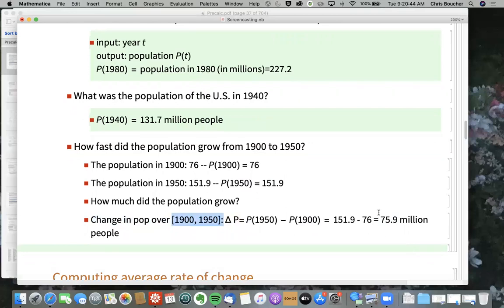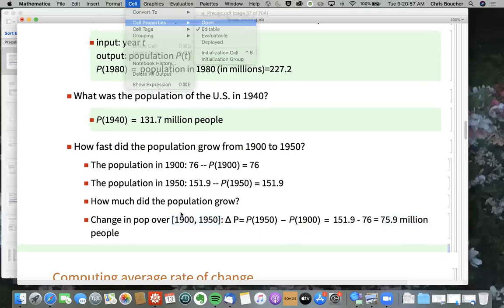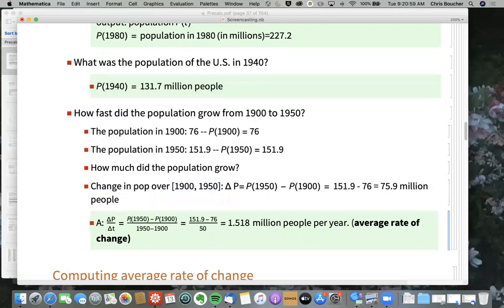All right, well, now we're getting close to being able to address this question of how fast. If the population grew by this many million people over a 50-year span, we can estimate how fast it grew by just dividing, right? That is, if I take the change in the population, that's the numerator here, and I divide by the number of years, which is 50, then I get what we'll call the average rate of change of population over time.